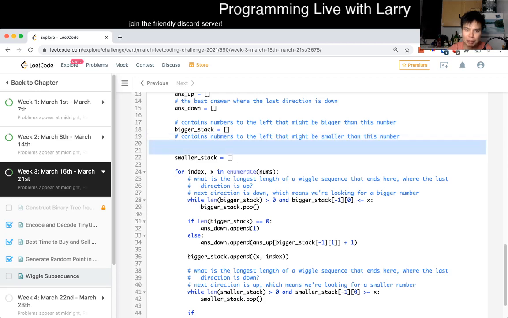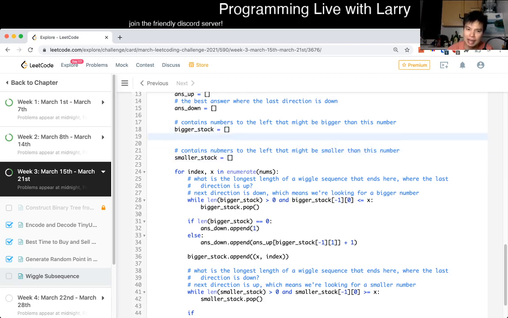Let's look at this bigger stack for a second. Bigger stack could contain something like, and instead of doing the index, I'm going to do the best score, right? Like, it could be something like whatever.